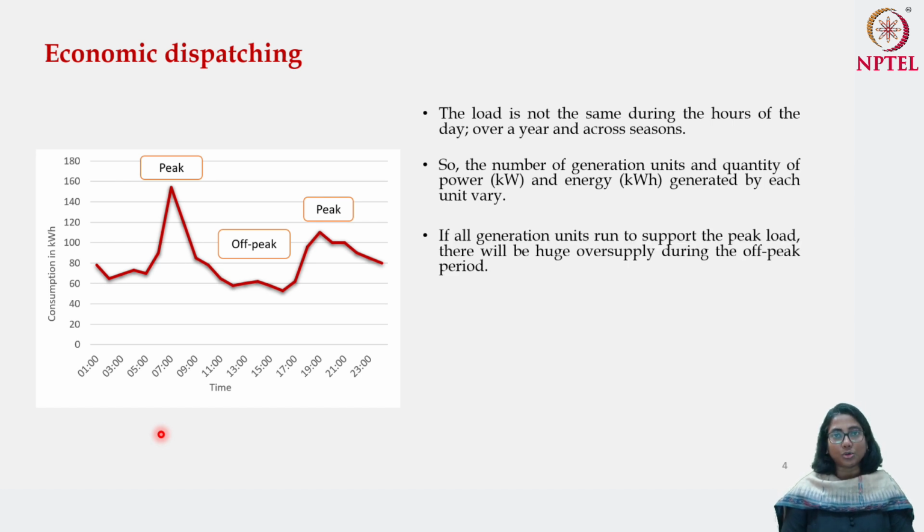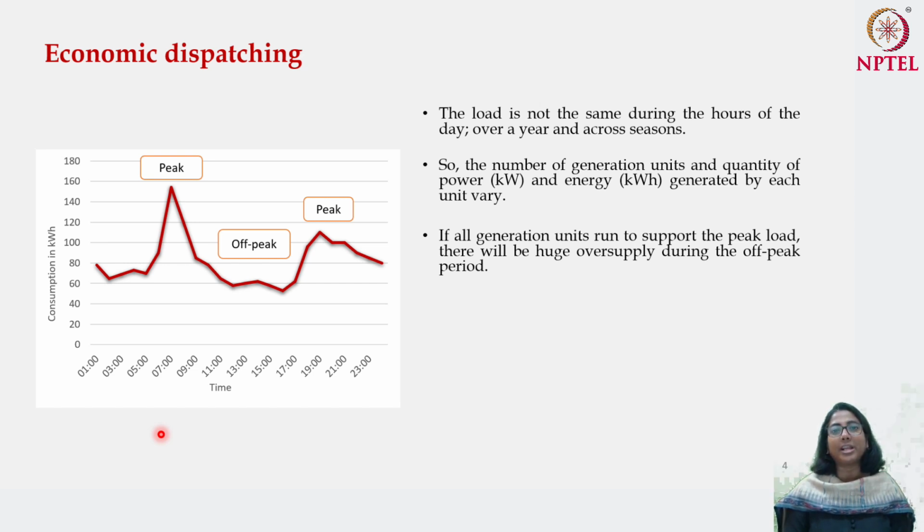What if they do not do so and they keep on producing the same amount of electricity which is required to support the peak load? This also we have discussed, and we have seen that if all the generators are running at capacity in order to supply energy which is required to support the peak load, then during the off peak period there will be high supply of electricity with very low demand.